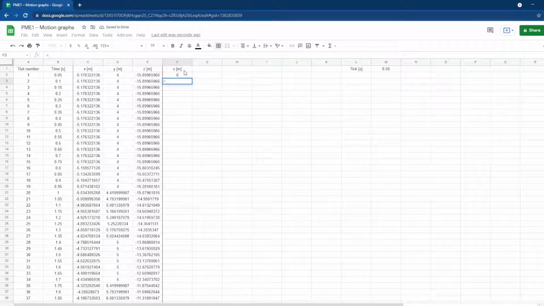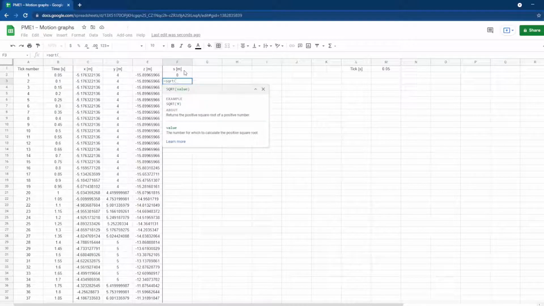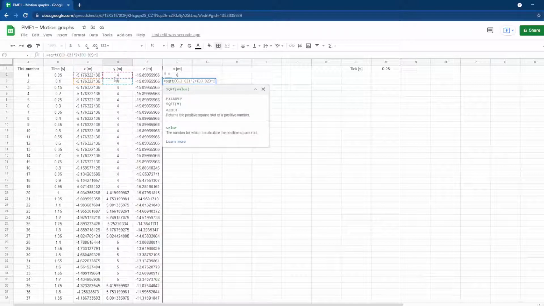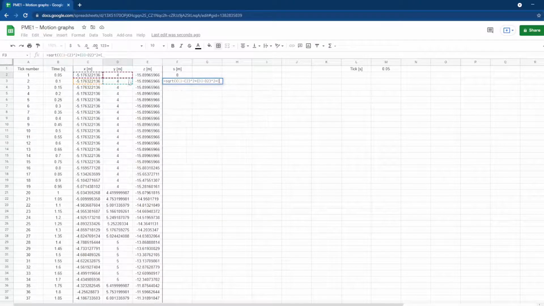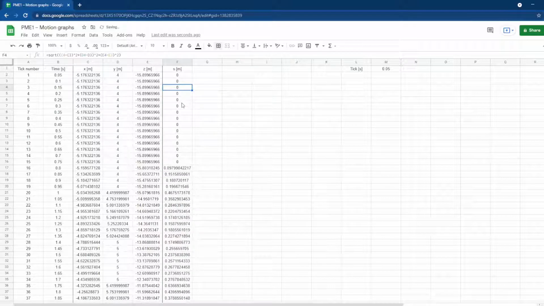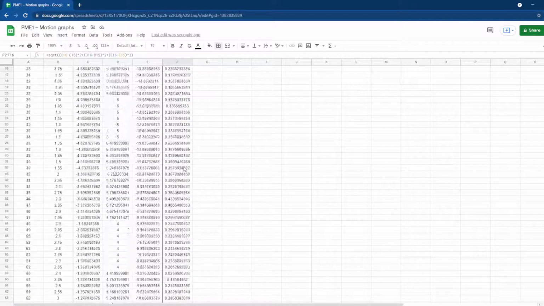we can calculate it as the square root of the squares of differences. So that's C3 minus C2 squared plus, and now the same for the y coordinate and the z coordinate. We will press autofill, and we can see that in the first 15 ticks we were standing still, and then something started happening.